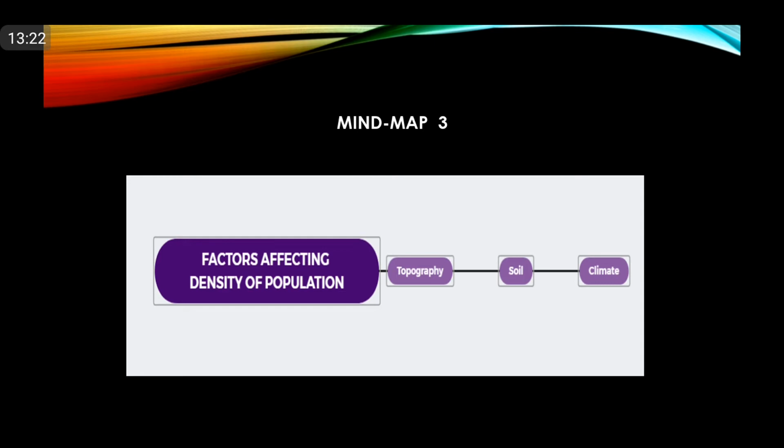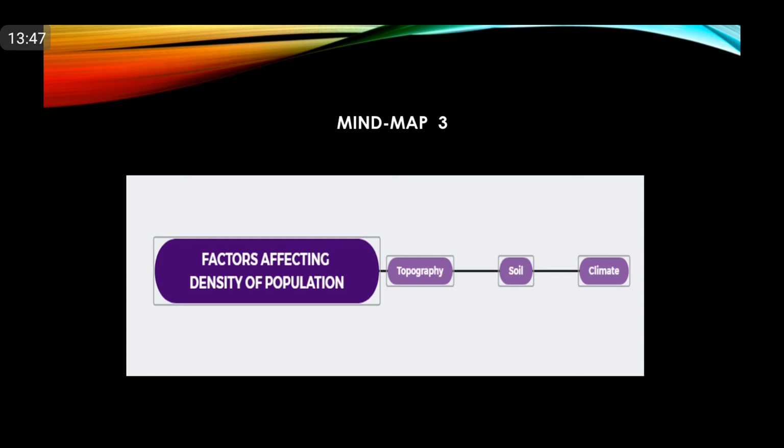Terrain of land is an important factor which influences the concentration and growth of population. Normally, plain areas encourage higher density of population as compared to mountainous regions. The steep slope in mountain areas restricts the availability of land for what?